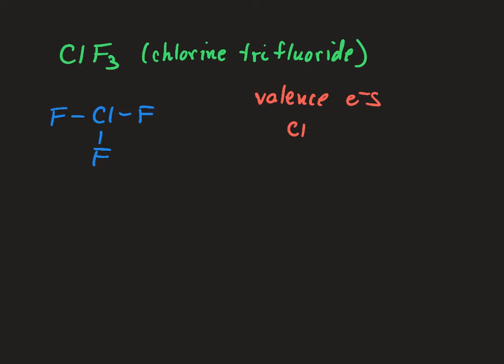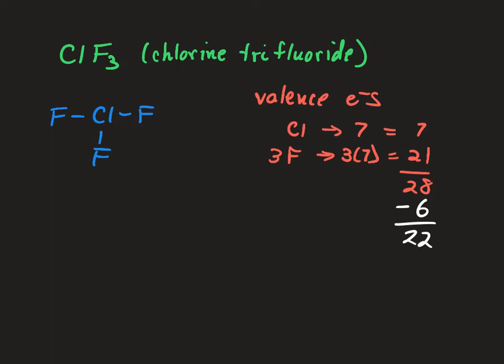Chlorine has 7, and 3 fluorines is 3 times 7. So that's 7 and 21, which is 28. Our structure already accounts for 6 of those, leaving 22. If we start around the fluorines, since they already have 2, we can put 6 around each one.